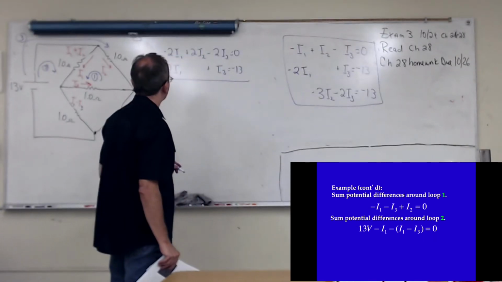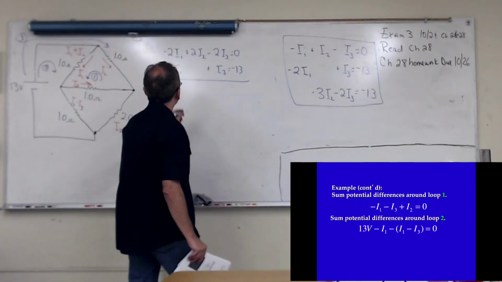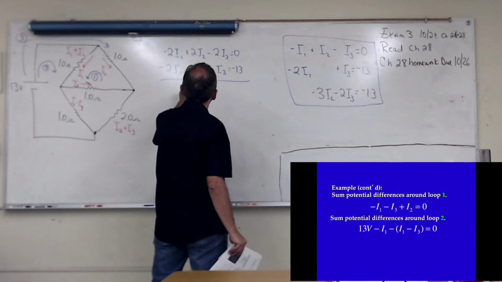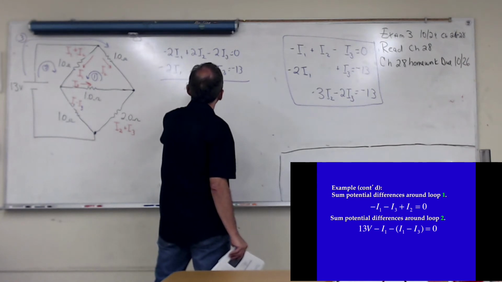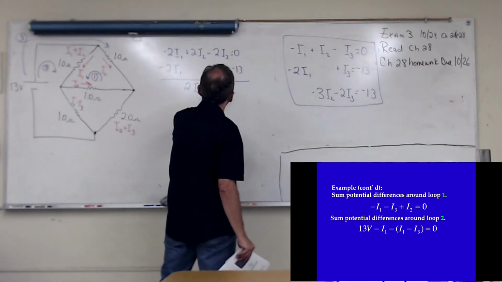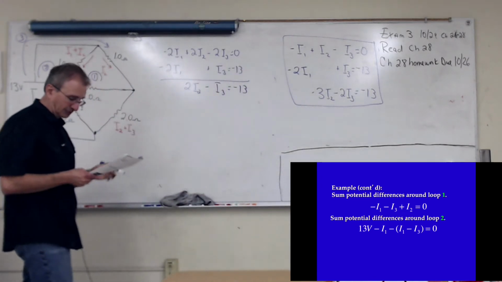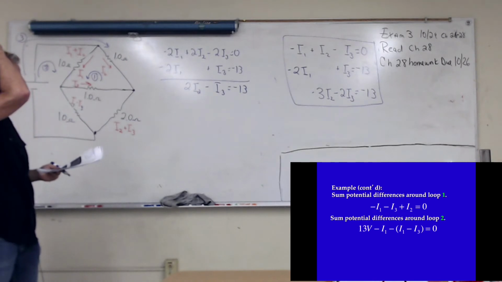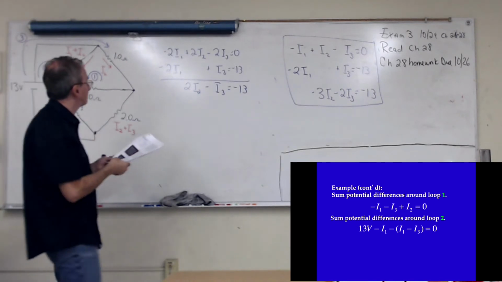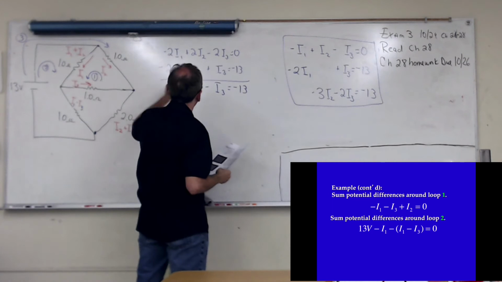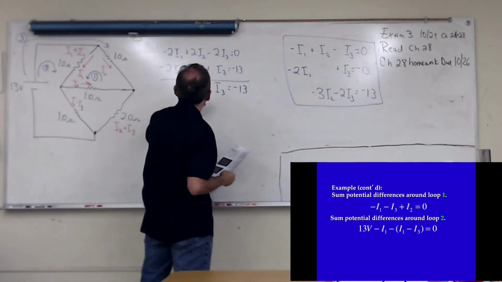What does that give me? I add them. I'm sorry, I'm not putting the units in. I know I got to subtract them, right? Yeah, you'd have to subtract to cancel out the I1.